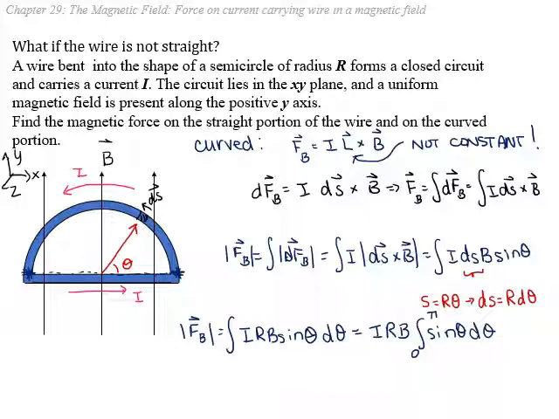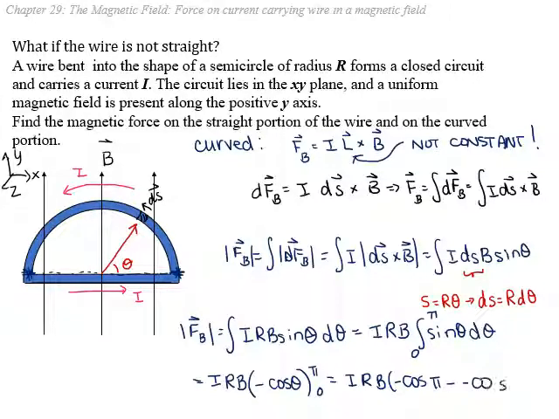Okay, next step in the integral. We've got I times R times B. The integral of sine is minus cosine. That's going to be evaluated at pi and 0, so we'll put in our limits. We've got minus cosine of pi minus cosine of 0.